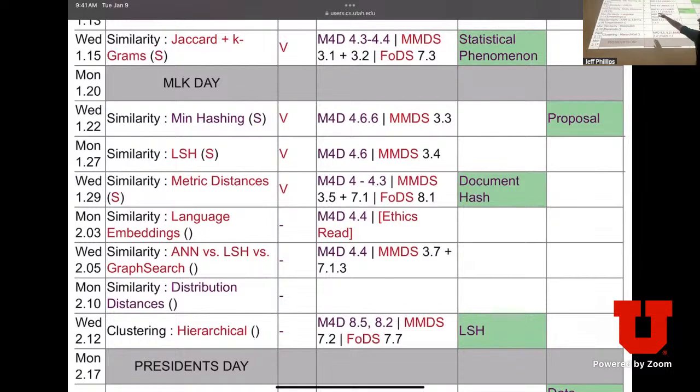The reason I've inserted these two lectures in between the ones on locality-sensitive hashing and similarity search is that I really want to instill the importance of representing data as high-dimensional vectors.